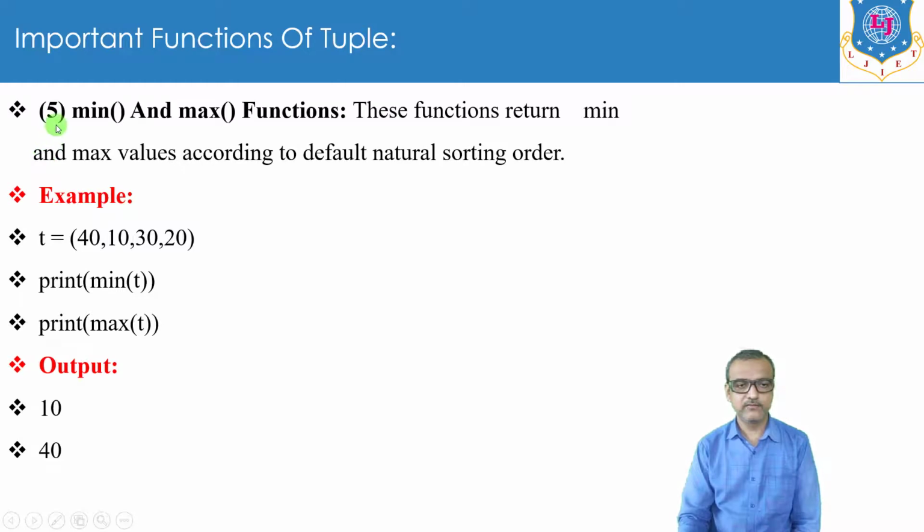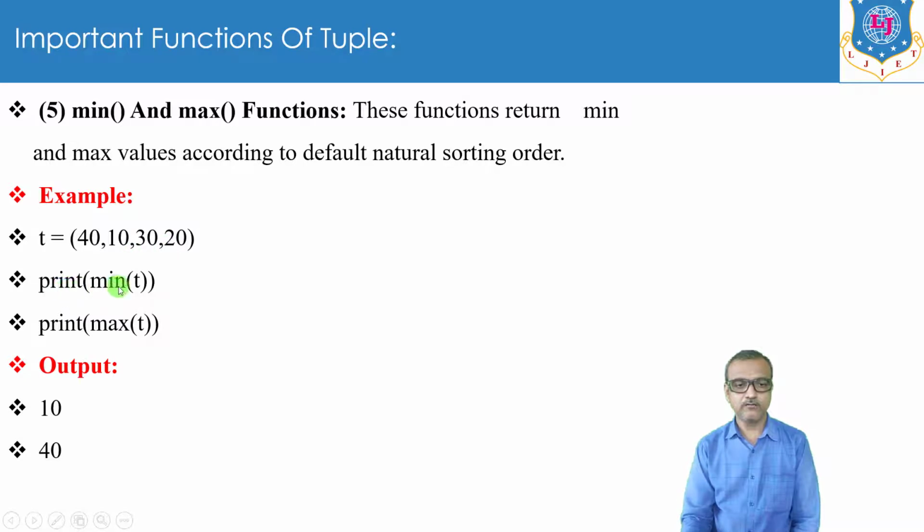Now we will see the fifth function, that is the minimum and maximum functions. Now what will these functions do? These functions return minimum and maximum values according to default natural sorting order. I will make you understand this concept with the help of an example. We have created one tuple T, and in this tuple T we have these four entries, that is 40, 10, 30, 20.